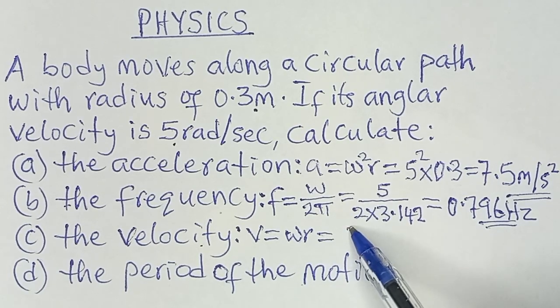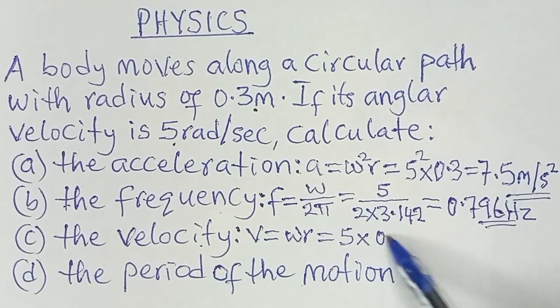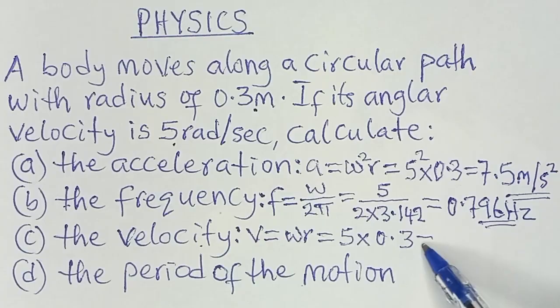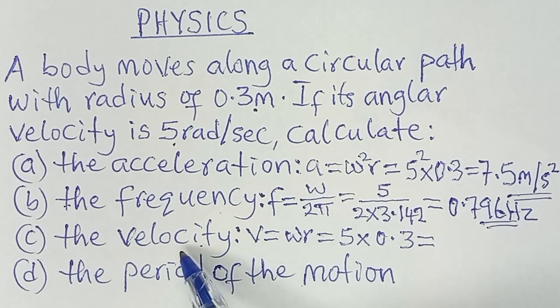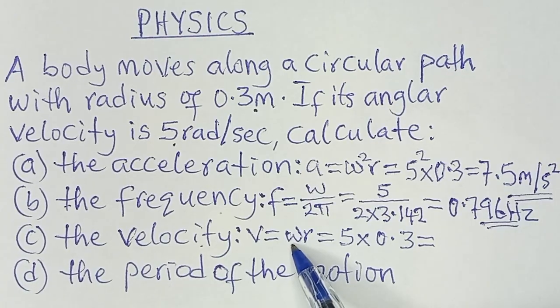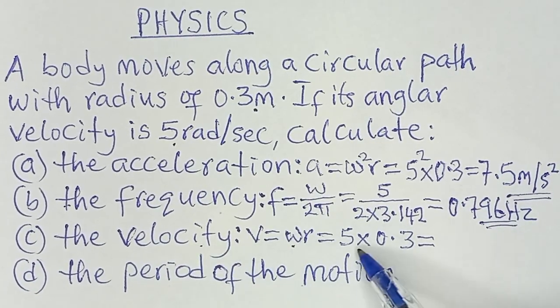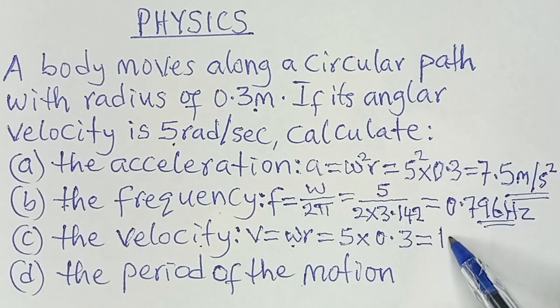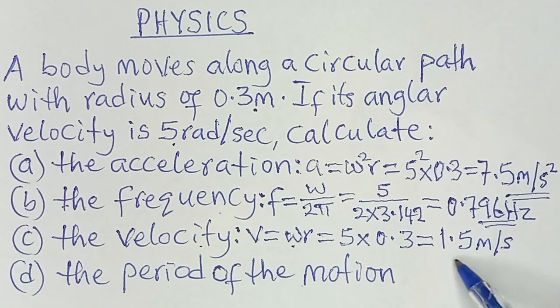The value of omega is 5 and the value of the radius is 0.3. Don't forget, this velocity is the linear velocity. This one is angular velocity, but the one we have to calculate now is linear velocity. So 5 multiplied by 0.3 is going to give us 1.5 meter per second. So this is the linear velocity.